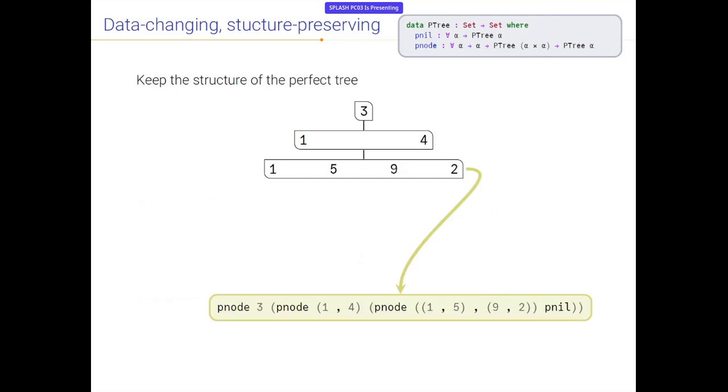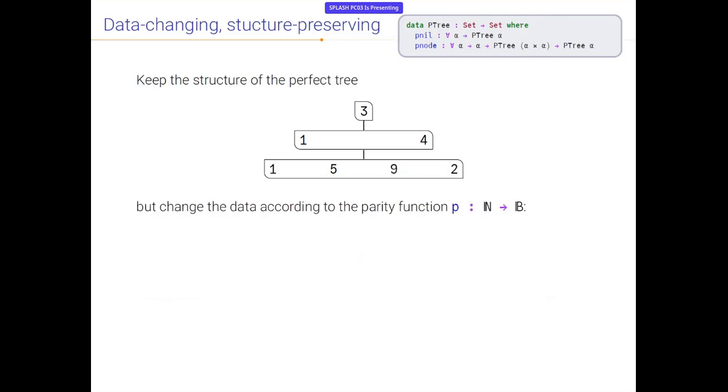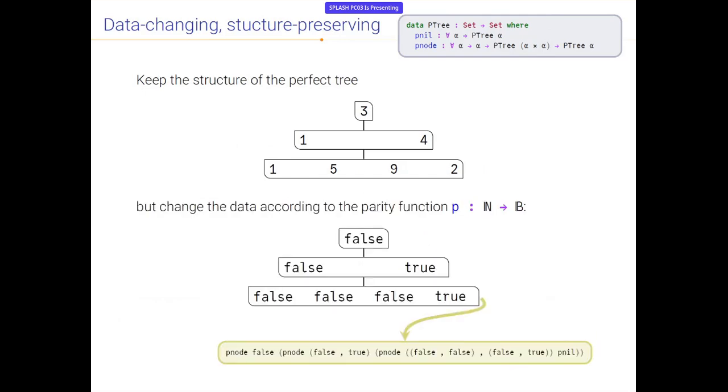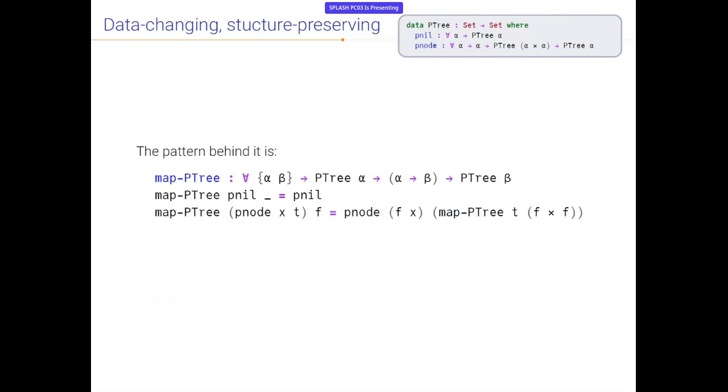And if I ask you to keep the structure of this perfect tree and map the function p, again, you will probably come up with the correct solution and end up with this one, which is just a visual representation of this term. And basically what you do behind the scenes is exactly the same as before, but with one more subtlety, which was not present before.